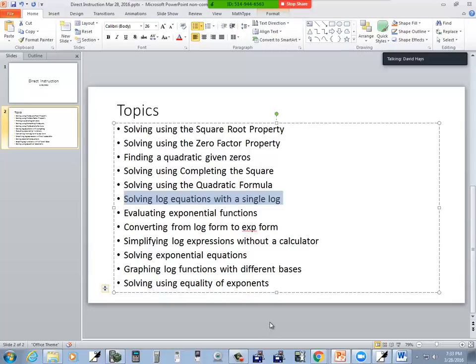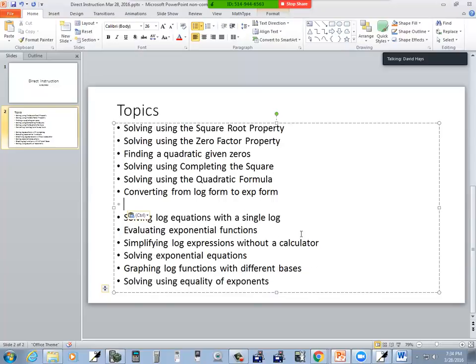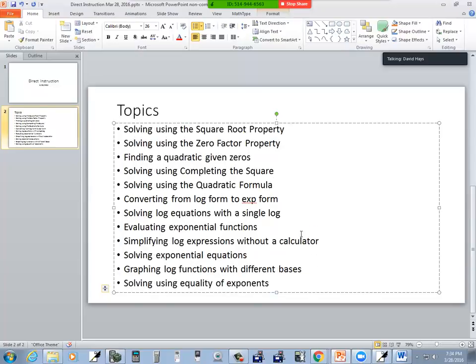Now let's take a look at solving log equations with a single log. And actually, I may have these in the wrong form, so let me move this one. There we go. Converting from log form to exponential form.